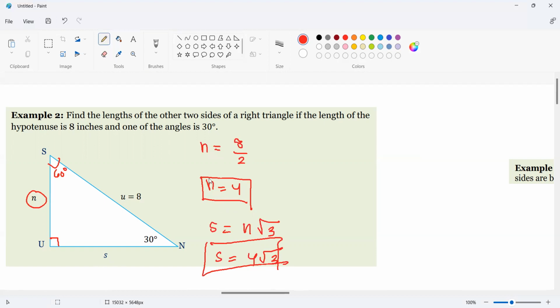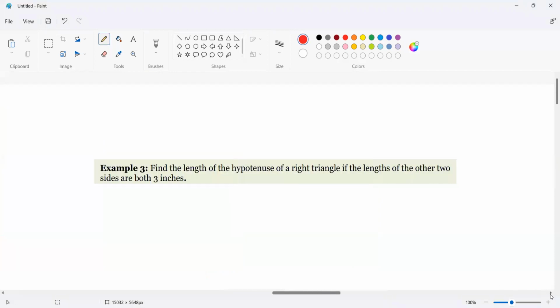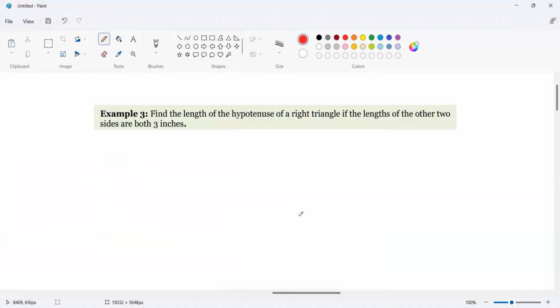Let's check here if it's correct. And lastly, the isosceles problem solving. The length of the hypotenuse of a right triangle, find the length of the hypotenuse of a right triangle if the two other sides are both 3 inches.